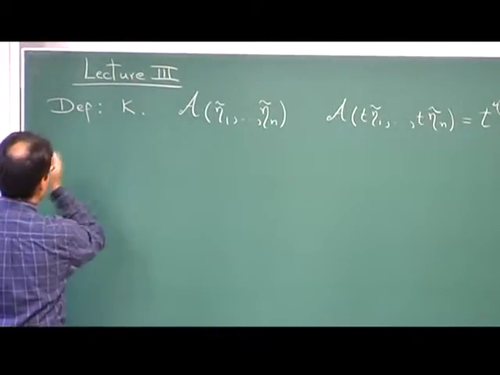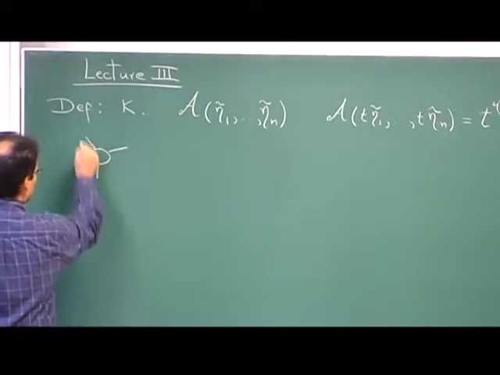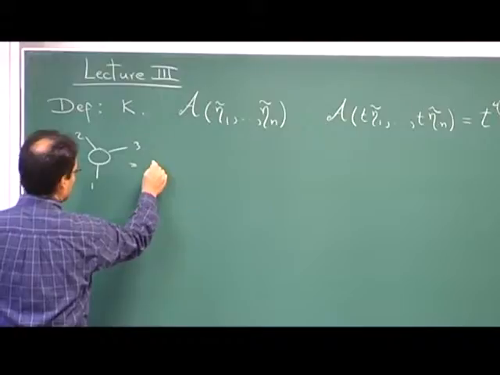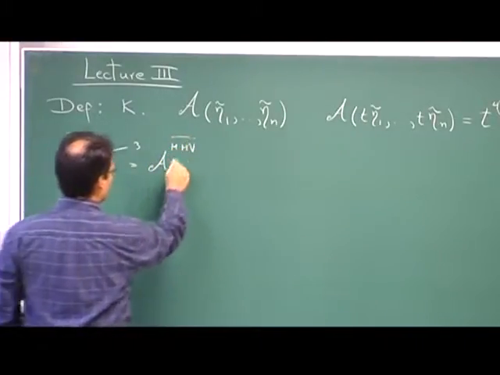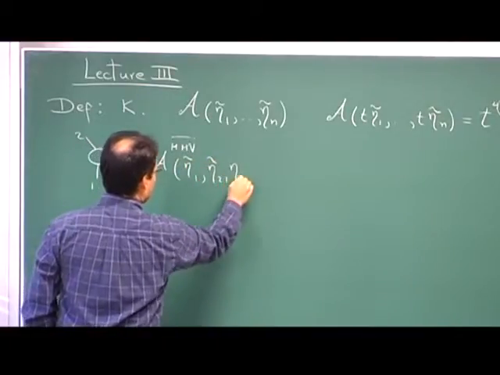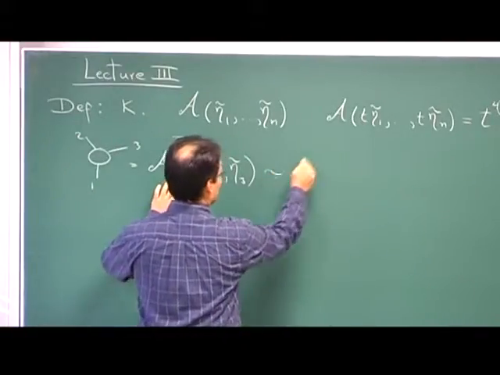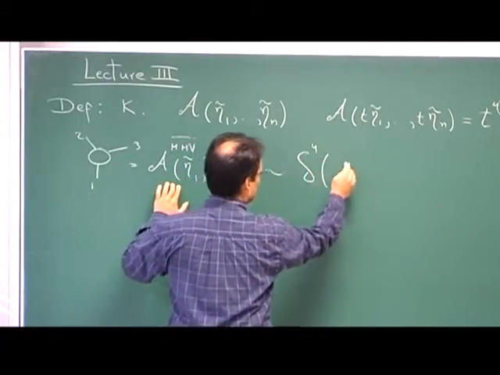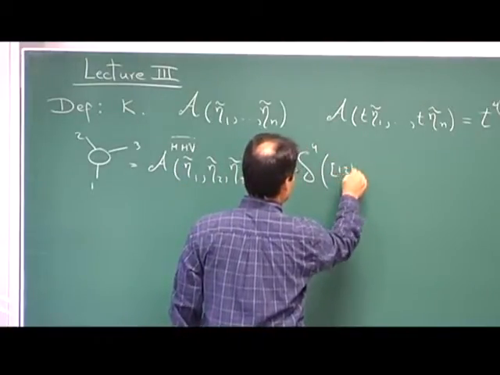So one of the first examples we had was the MHV-bar amplitude. Well, this amplitude has a single delta function with eta tildes.